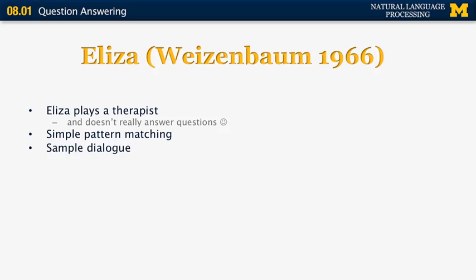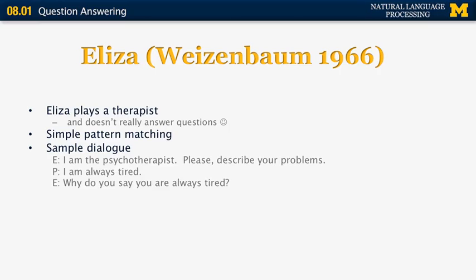So for example, let's look at the following dialogue. ELIZA says, I'm the psychotherapist, please describe your problems. And then the user says, I'm always tired. And then the system says, why do you say you're always tired? Again, it doesn't really give you any useful information. It just asks you some additional questions. The user says, because I cannot sleep. Is it because you cannot sleep that you came to me?